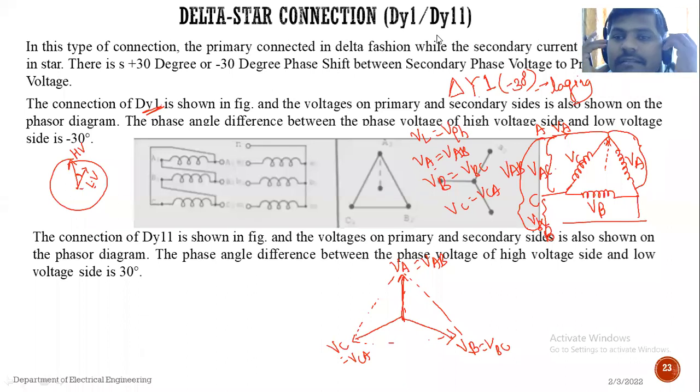What is the angle? Whether LV is lagging or HV is lagging? Give me a reply.